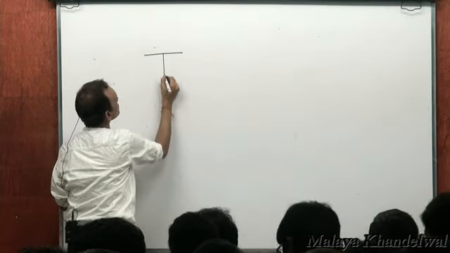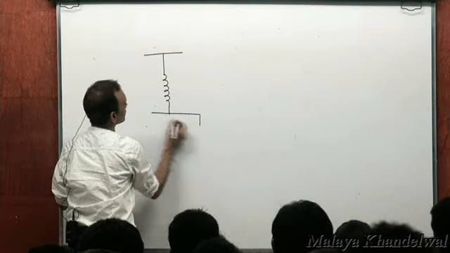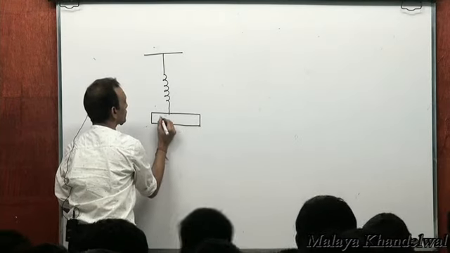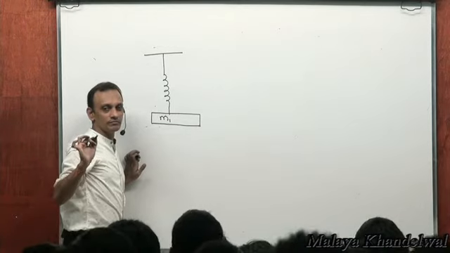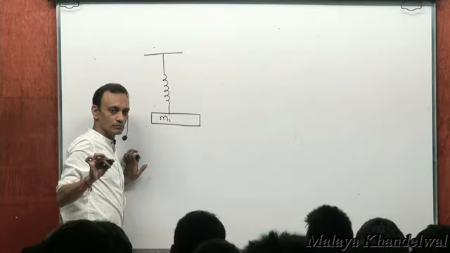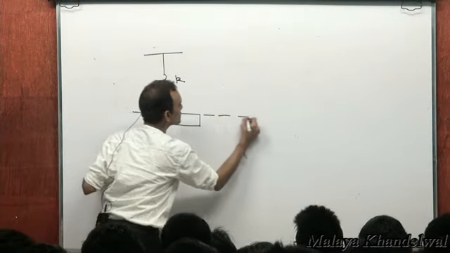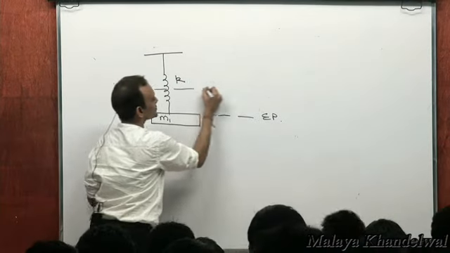Now suppose there was a mass m1 in equilibrium. This is not the natural state of the spring. This is in equilibrium. This is the natural state of the spring.